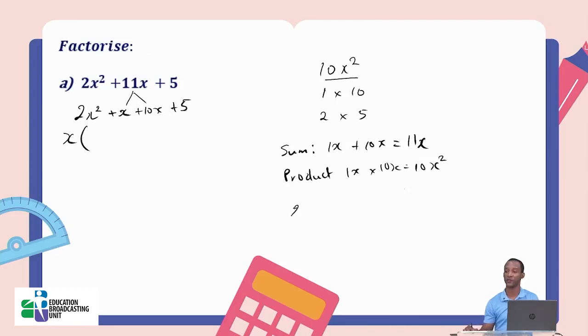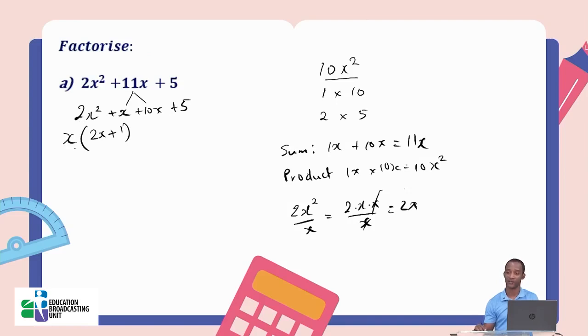Now when we divide 2x squared by x, let's look at it another way, 2x squared can be written as 2x times x divided by x. Dividing x into x will leave us with 2x. So 2x squared divided by x will give us 2x. Next, we're going to divide x by the factor of x, which is going to give us 1. So we have factorized the first two terms.